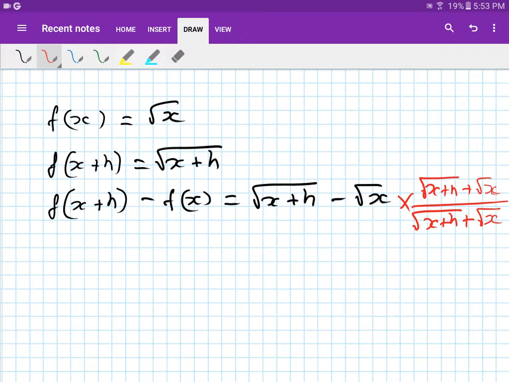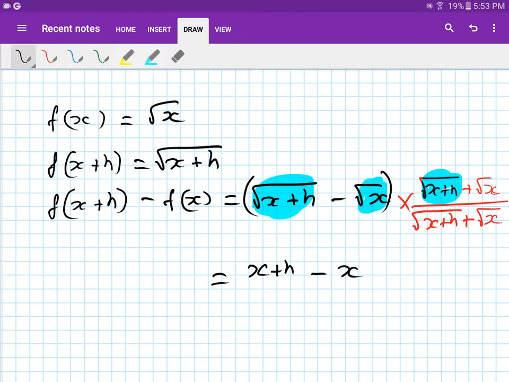So that's what I'm trying to do. Now, if I do that, of course, this is a bracket. This would give me a difference of two squares. See this one and this one, you become what? You become x plus h, that's right, and then minus x, because of the difference of two squares: this square minus this square.